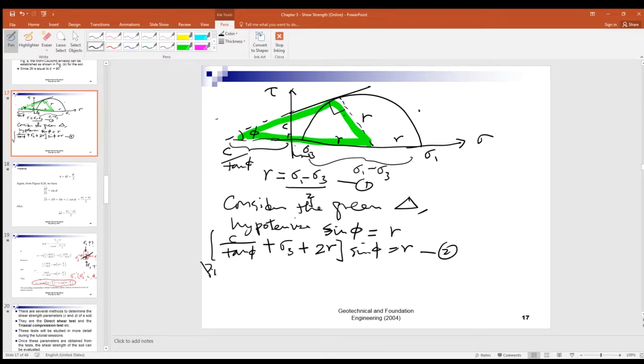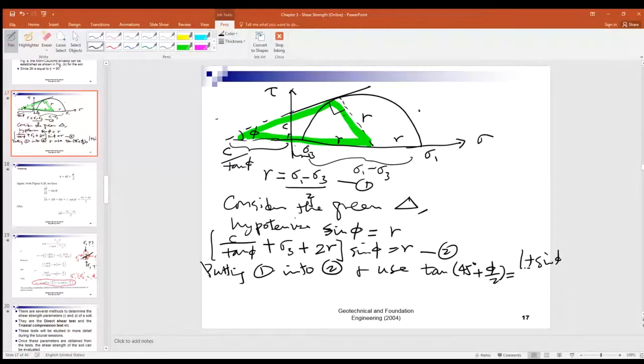Now putting R from equation 1 into equation 2 and using this compound angle formula, tangent squared of 45 degrees plus phi over 2 equals 1 plus sine phi over 1 minus sine phi.